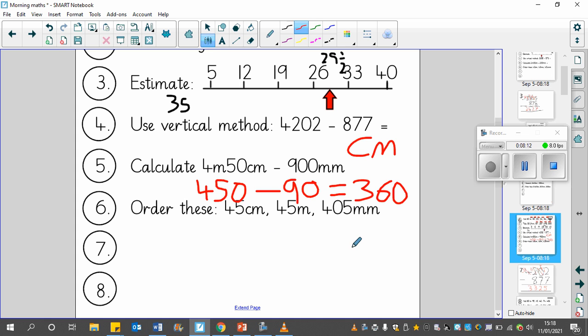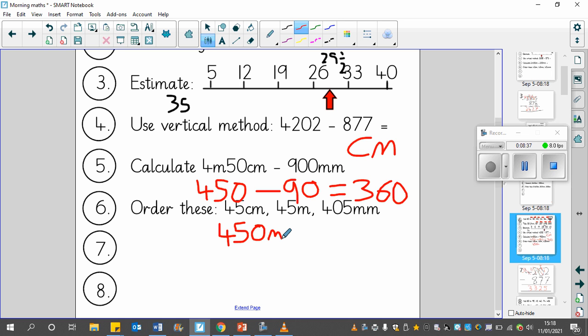Right, let's go straight on to question number 6. Put these in the right order. Remember, smallest first. 45 centimeters, 45 meters, 405 millimeters. Right, well, let's put 45 centimeters into millimeters first. So it's going to be 450 millimeters.